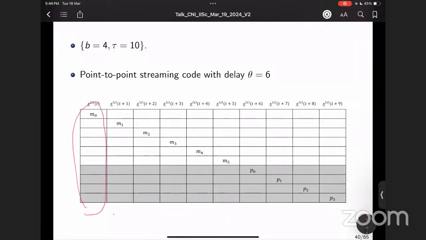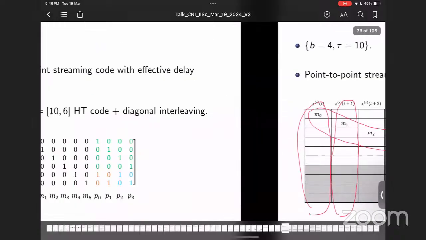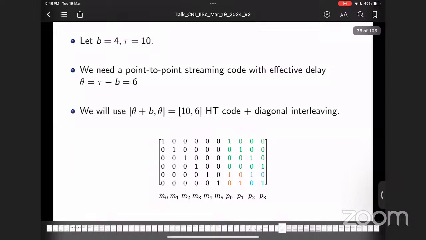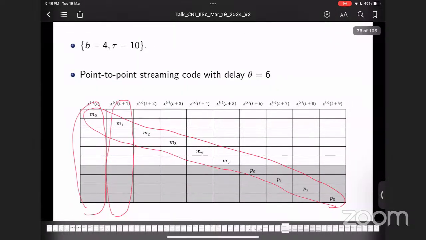If we look at the diagonals, each diagonal will be a code word coming from the code which has the corresponding generator matrix as given here. So that's the way we are going to produce coded packets at the source.